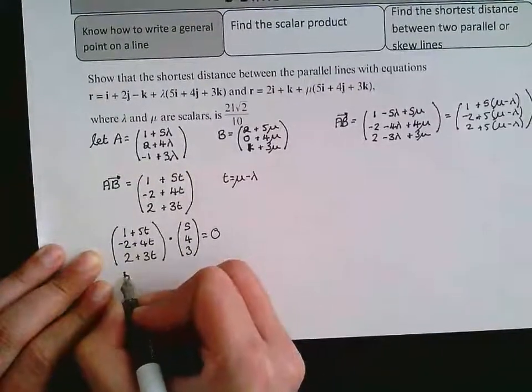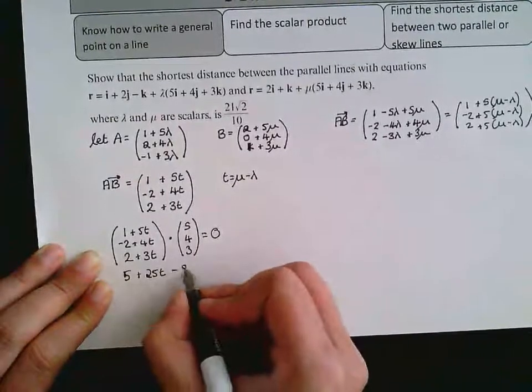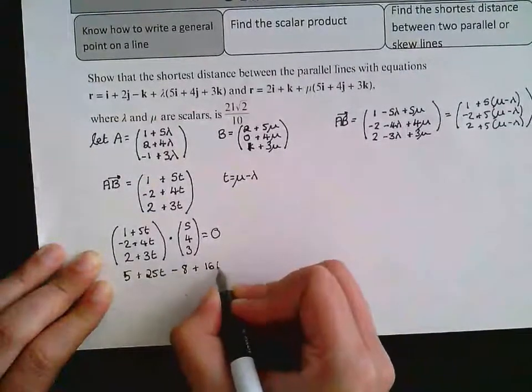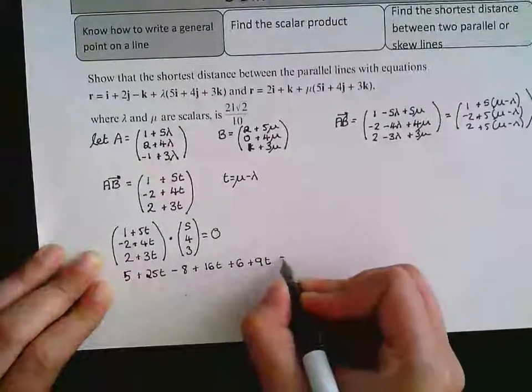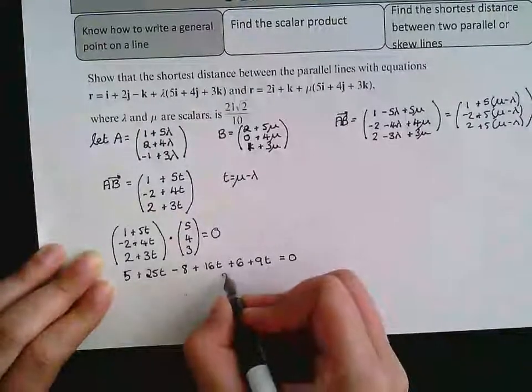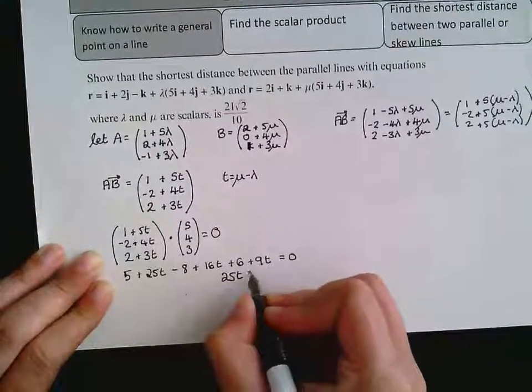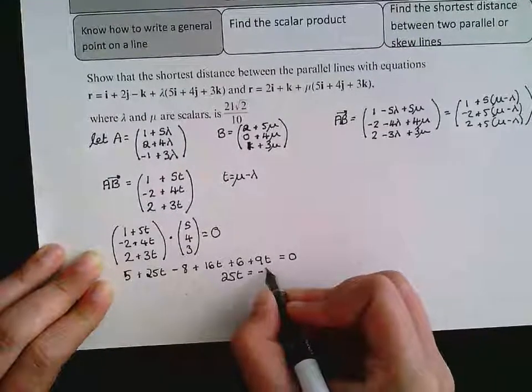So we have 1 plus 25t minus 8 plus 16t plus 6 plus 9t equals 0. Now that means we have 25t's equal minus 3.